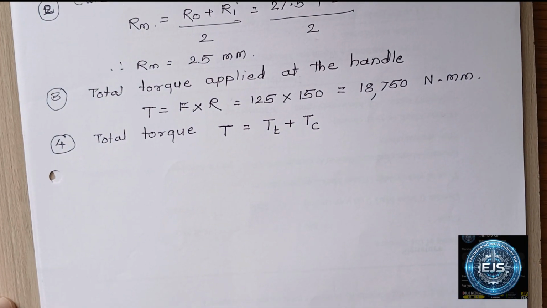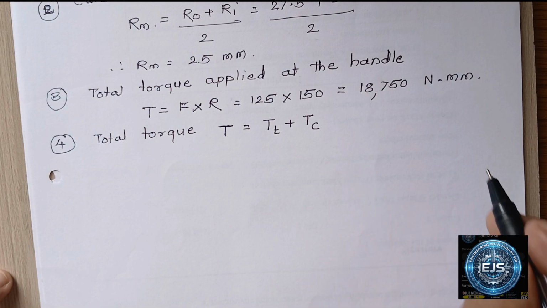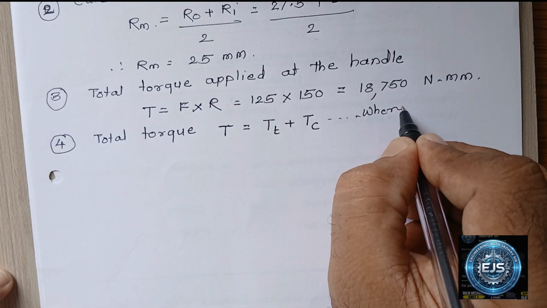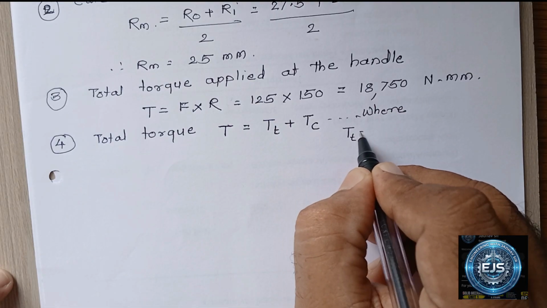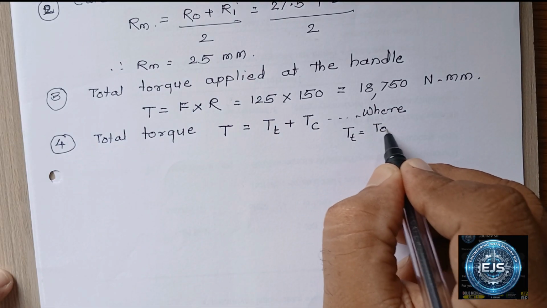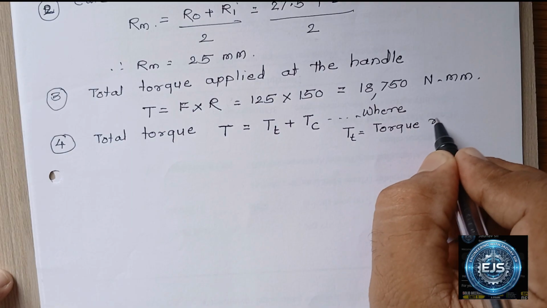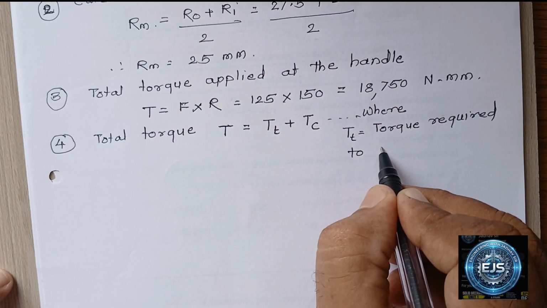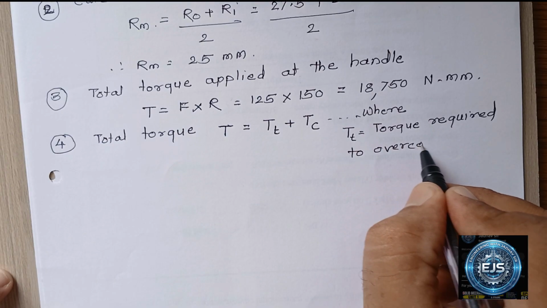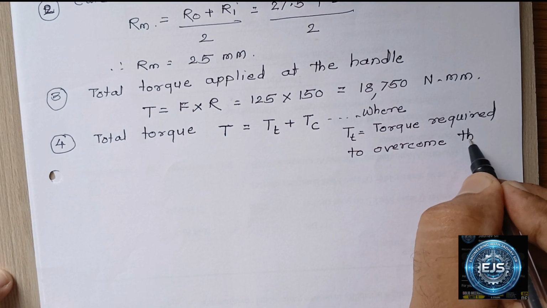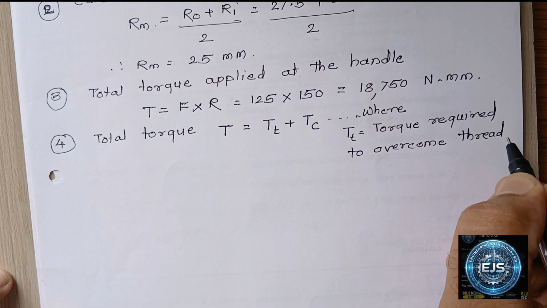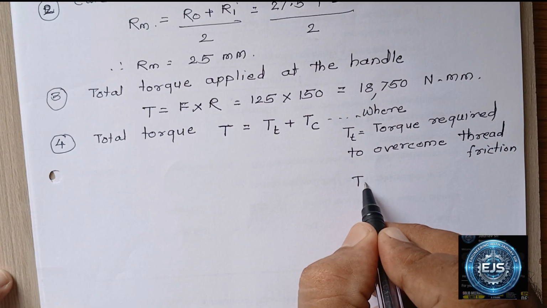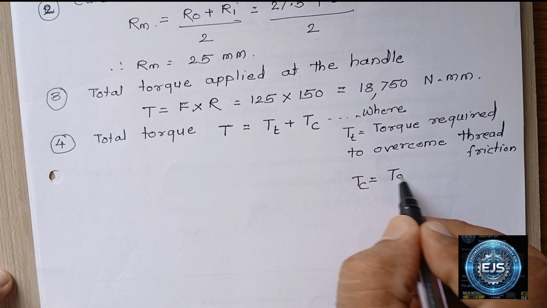TT is nothing but the torque required to overcome the thread friction between screw and nut, and TC is nothing but the torque required to overcome the collar friction.